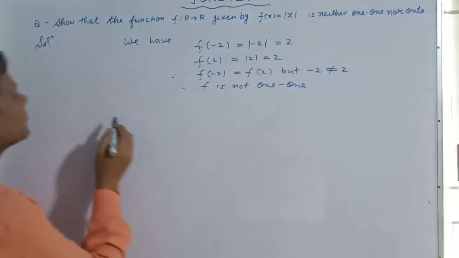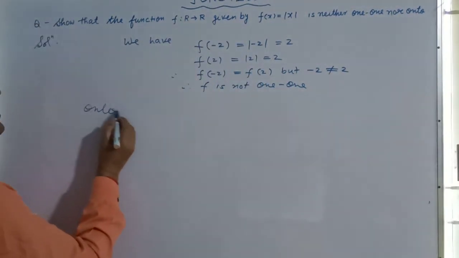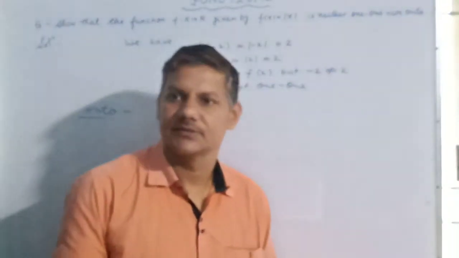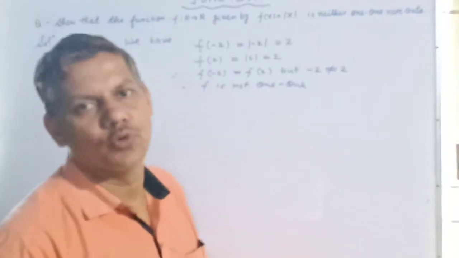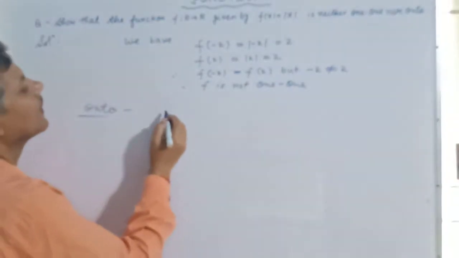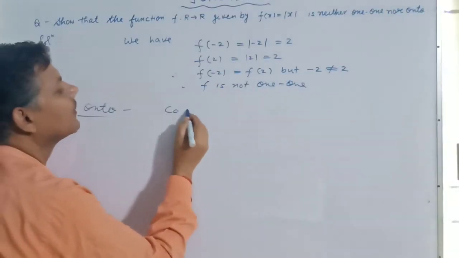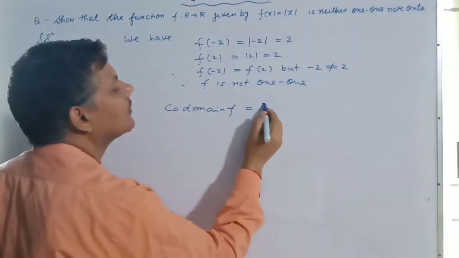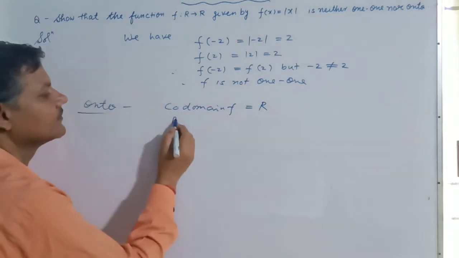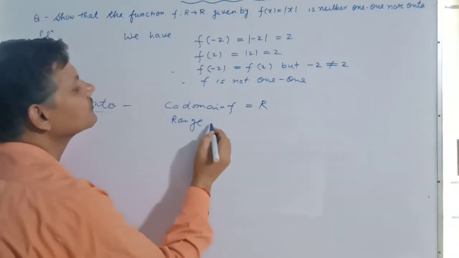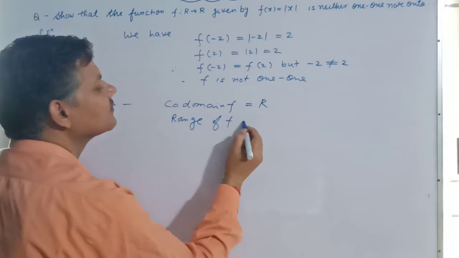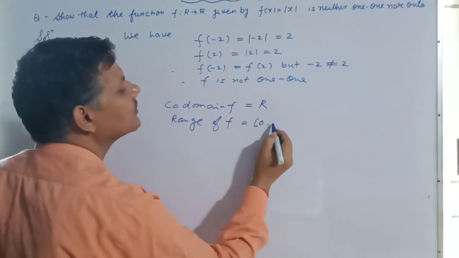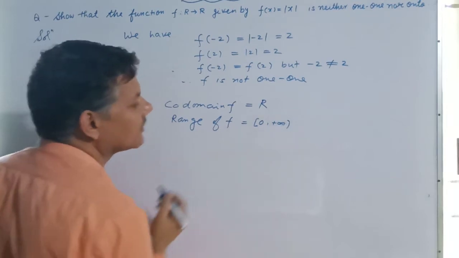Now let's check for onto. For onto, again we can use the previous method, writing its range and its codomain. So we write the codomain of f equal to R. Its range is equal to non-negative real numbers, so it is 0 to plus infinity.